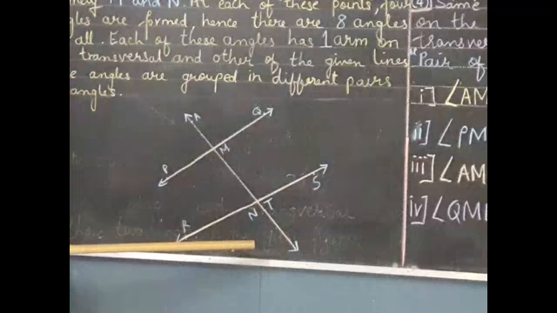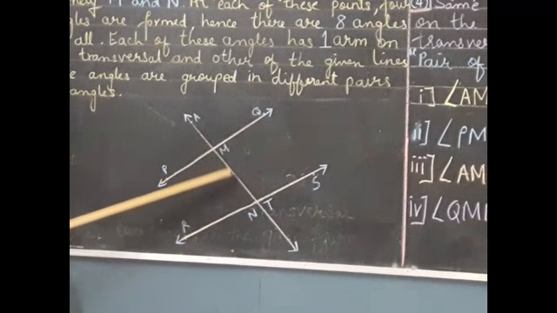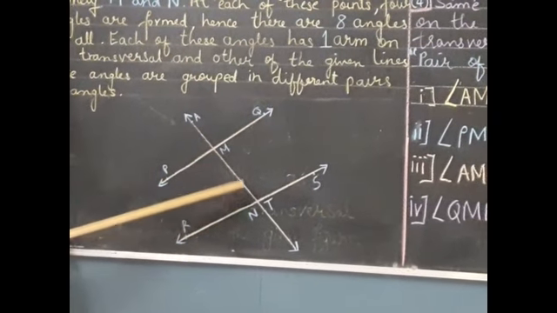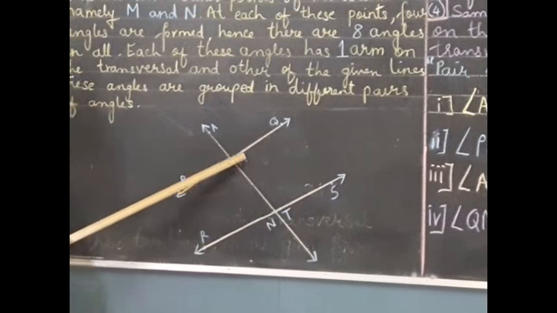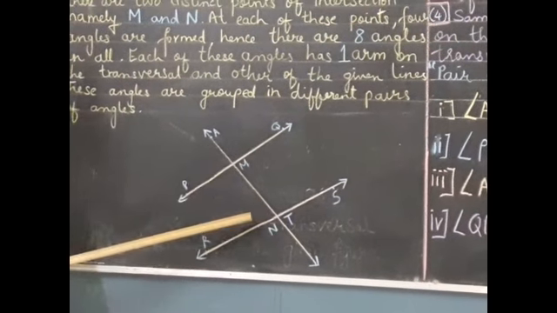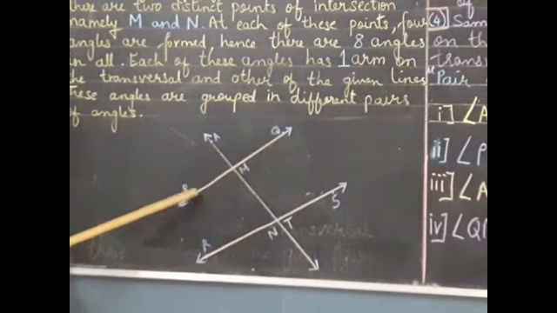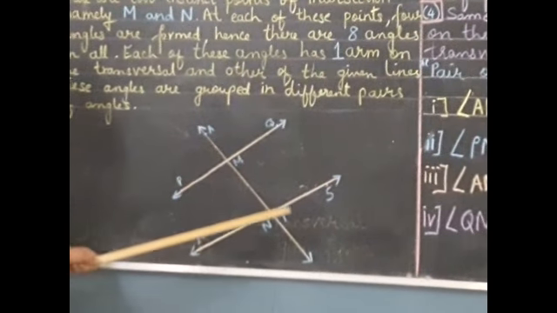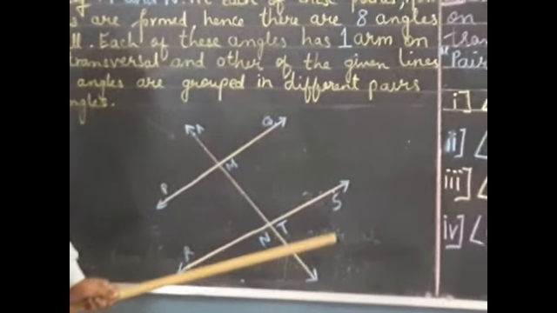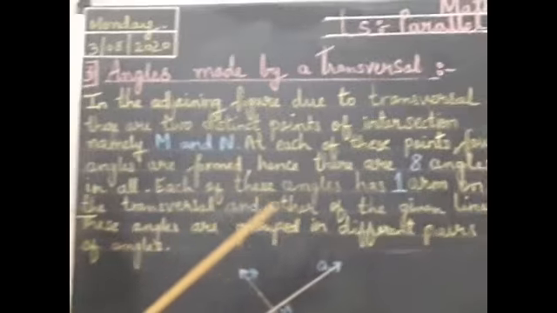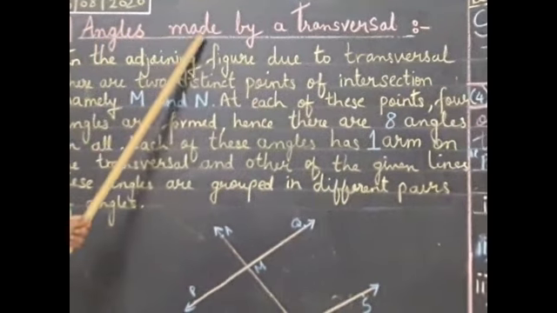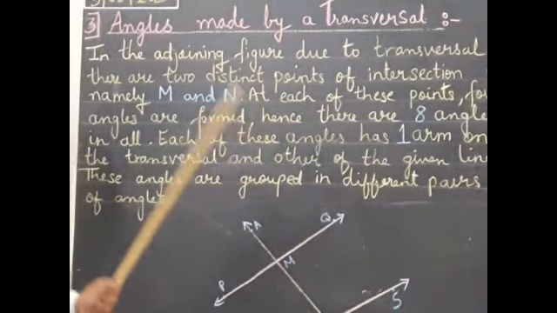Points M and N are two distinct points of lines PQ and RS.